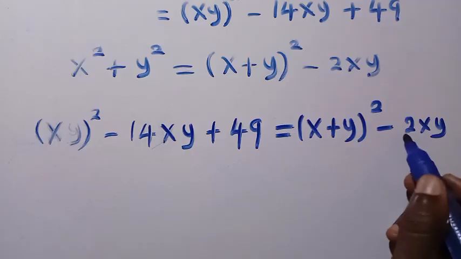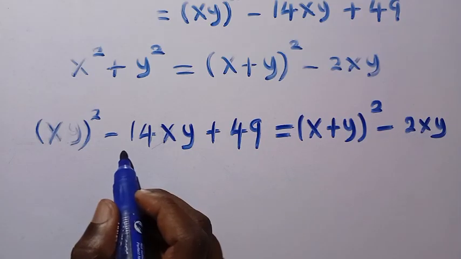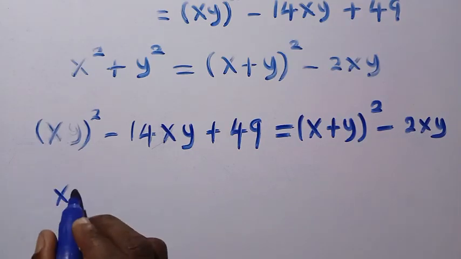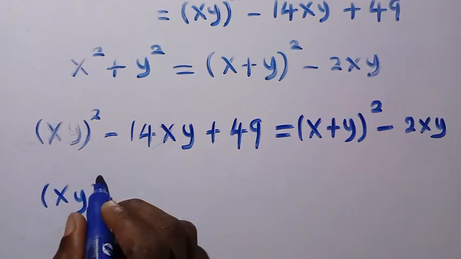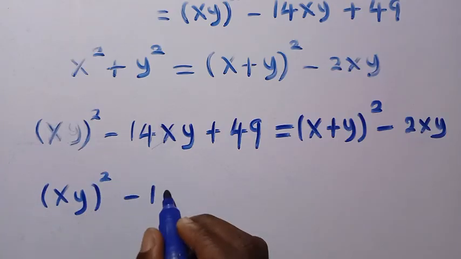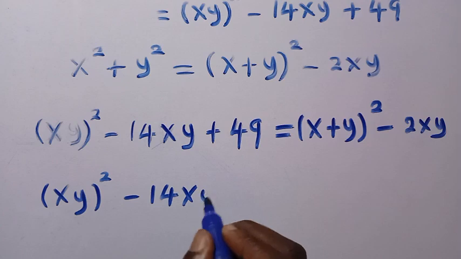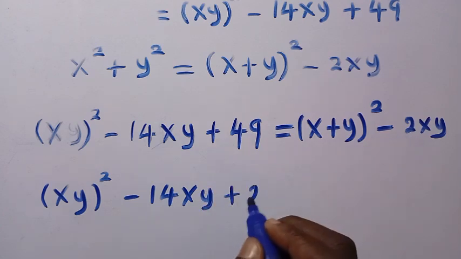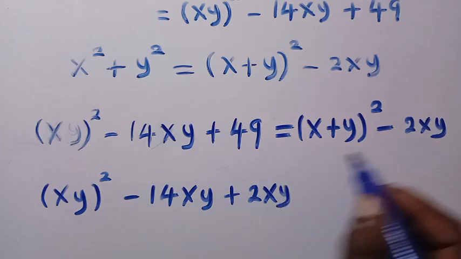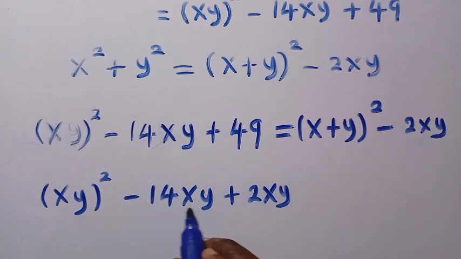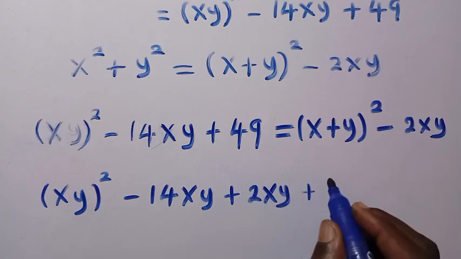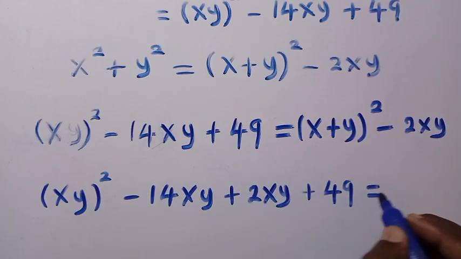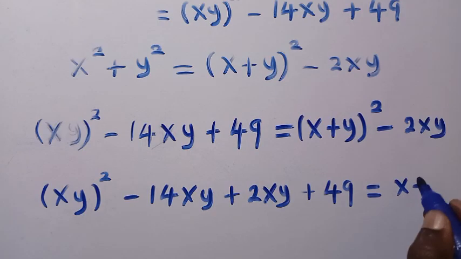Let's transfer this −2xy to this side. And here we have (xy)² − 14xy, and when this one comes here, it becomes plus 2xy. We combine them together because they have the same term. This is xy and this is also xy. Then we have plus 49 equals (x + y)².